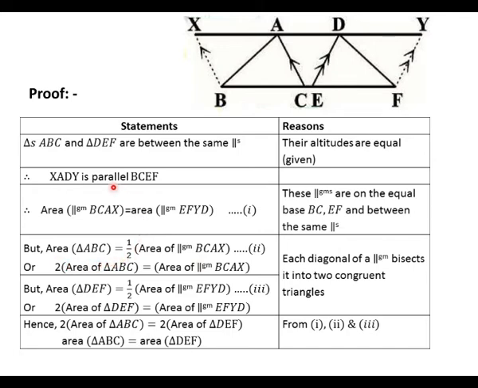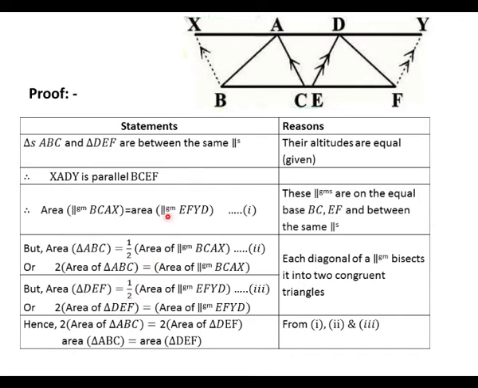So the left side of equation 1 will be replaced by 2 times the area of triangle ABC. Similarly, the right side contains area of parallelogram EFYD, and if we look in equation 3, area of parallelogram EFYD is equal to 2 times the area of triangle DEF.